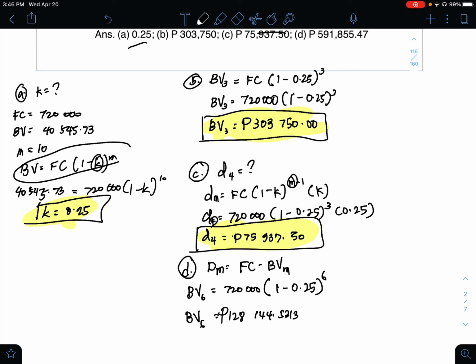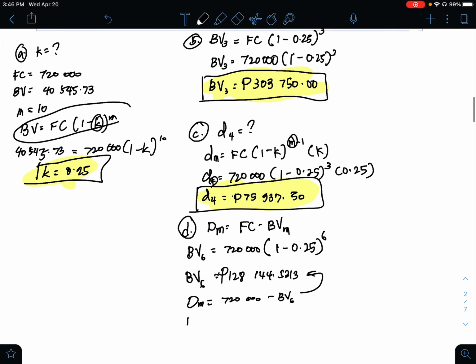Okay, class, actually you can plug it in directly, but we can also do it step by step. So, D now is 720,000 minus BV6, which is this.